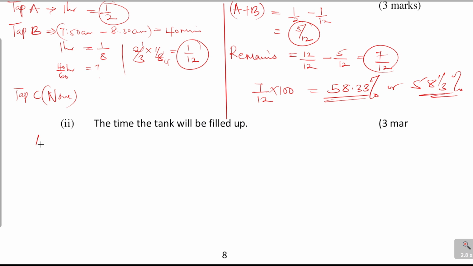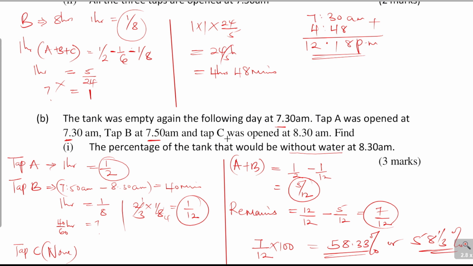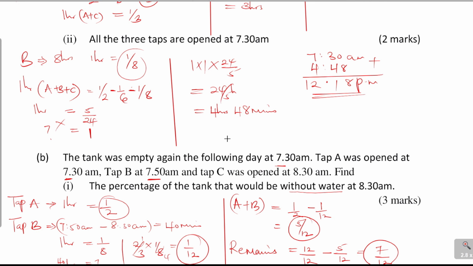So when all the 3 taps are running, that is A plus B plus C, in 1 hour, we already got the fraction that they can fill. It was in part 2. We got the fraction is 5/24.